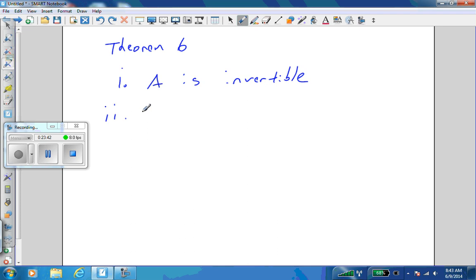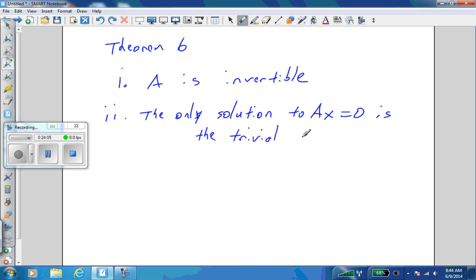The second statement says that the only solution of the homogeneous equation is the trivial solution. The only solution to the homogeneous is the trivial solution.